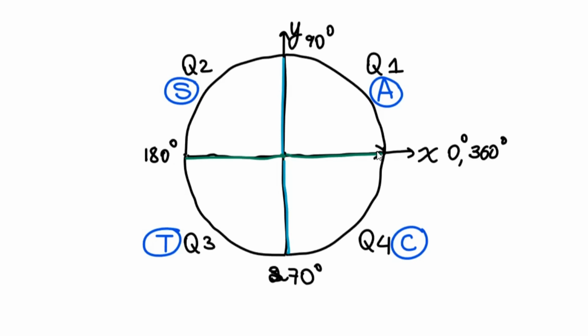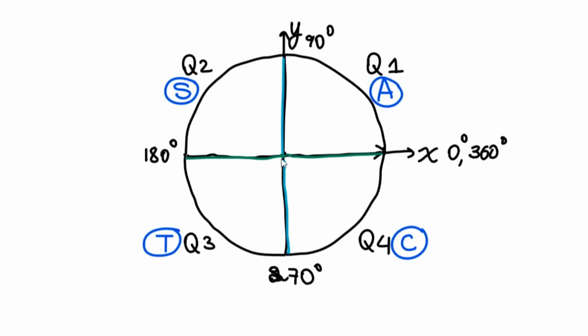Cosine, which is a horizontal distance, and the adjacent side to the angle at the center will be 1. The hypotenuse, or the radius, is also 1. So cosine of this angle will equal 1. On the other hand here, cosine will equal negative 1. But sine, that is based on the vertical distance, is equal to 0.